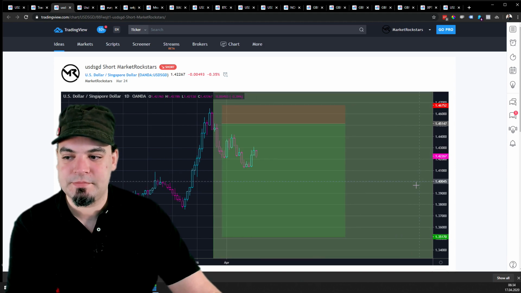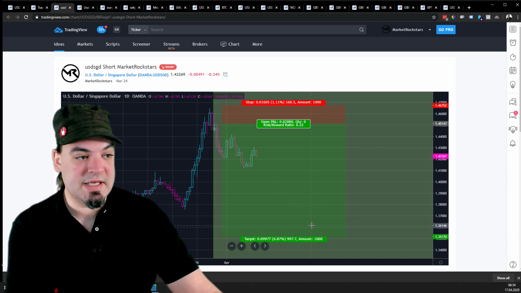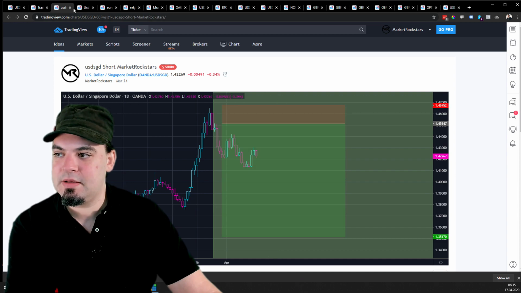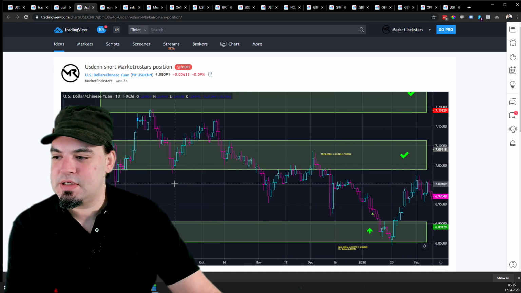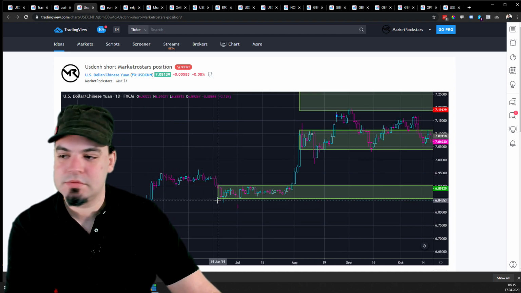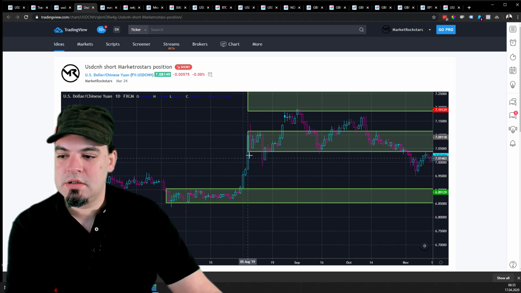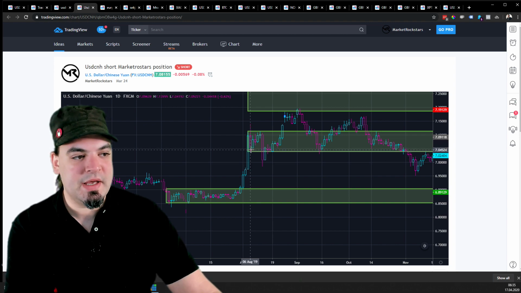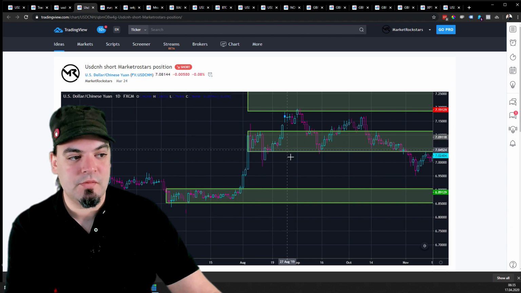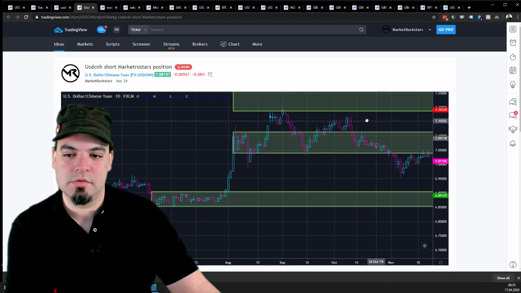Let's see how the market behaved. So just got it, pretty much nailed it. So we are in the profit area here, and you can see that this probably will take a couple of days still or weeks still to fulfill completely. Let's go along. You can see here there was a buy area on the 18th of June against the Chinese yen, and on the 6th of August it hit the take profit area 1, and then on the 2nd of September it hit the profit area 2, okay?